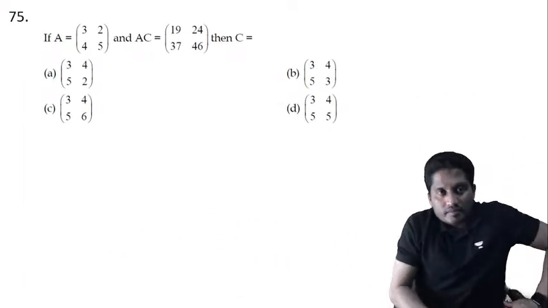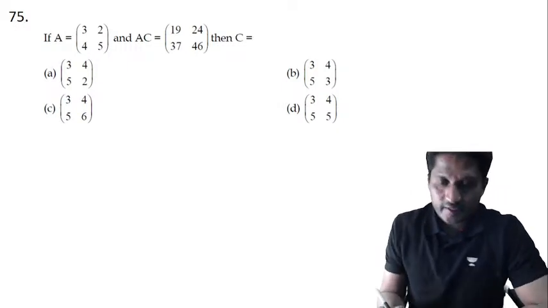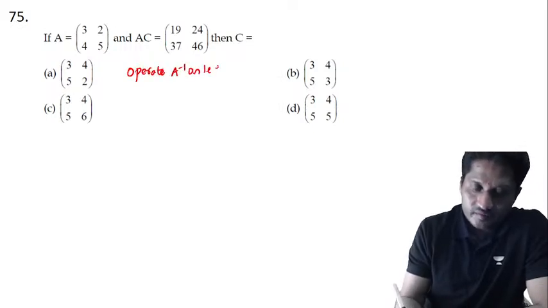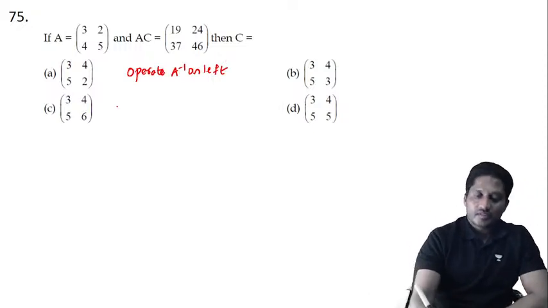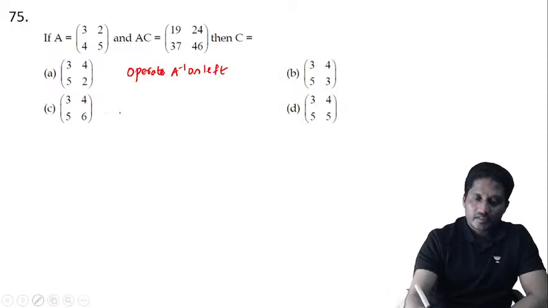Okay, and in this, A into C is given, and you should find matrix C. I'll operate A inverse on the left. So this becomes A inverse into AC. Don't worry, matrix multiplication is associative.